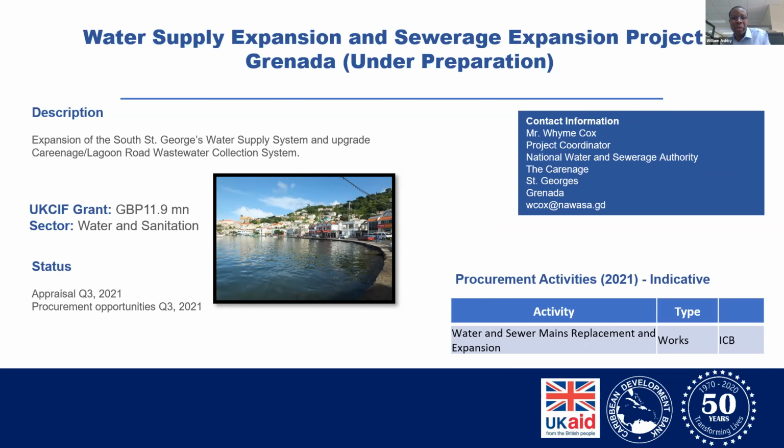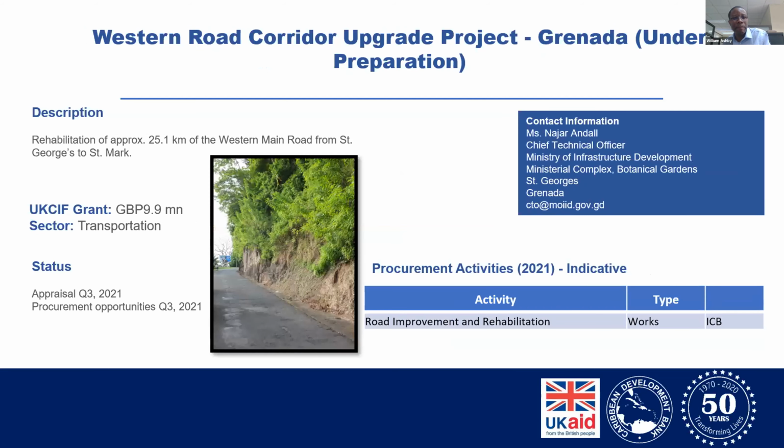So we expect water and sewer mains replacement works to come out of that later in 2021. And for the road project, which is the Western Road Corridor upgrade, just about 10 million pounds sterling there. And that is a road about 25 kilometers long, and again, road improvement and rehabilitation works.